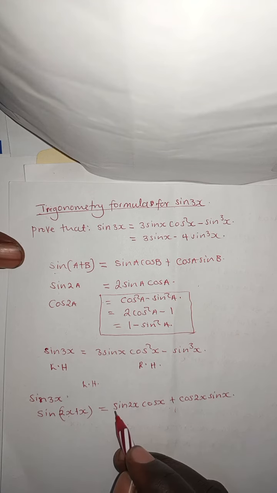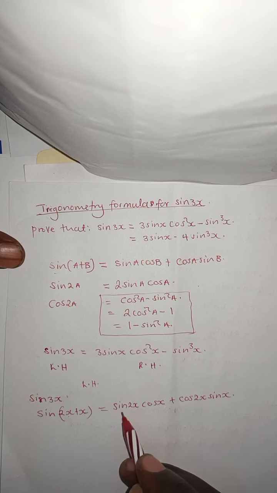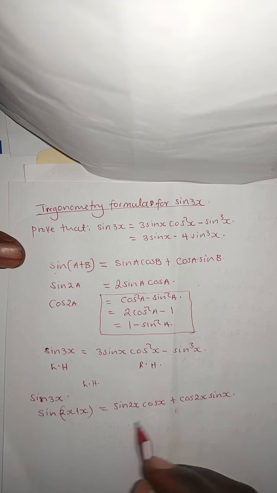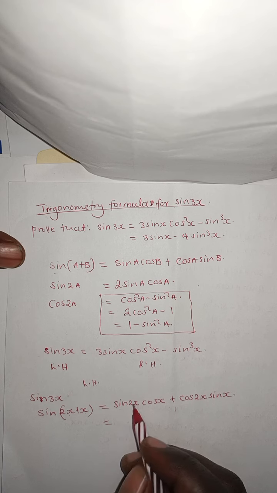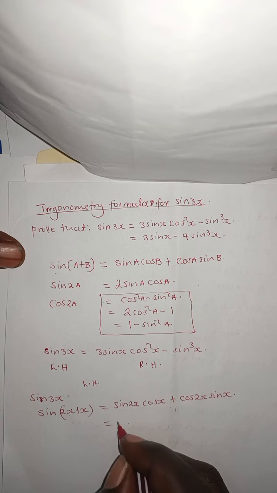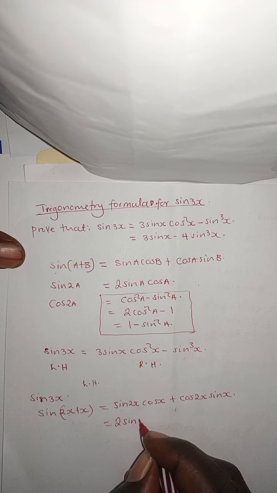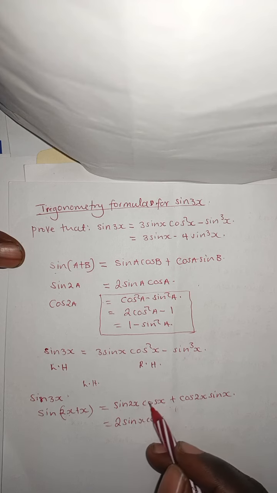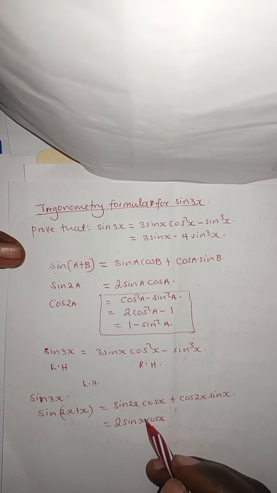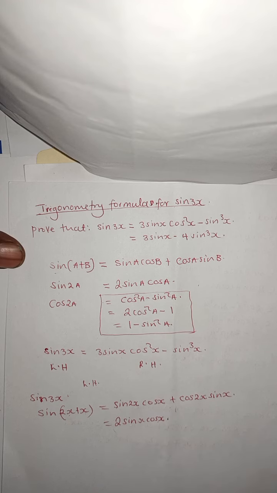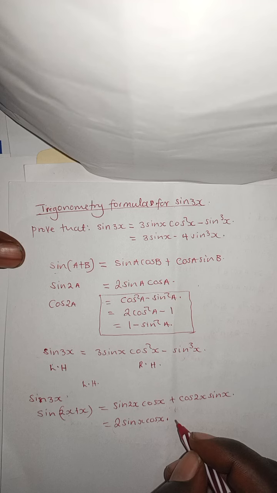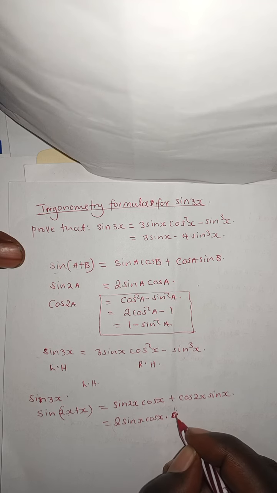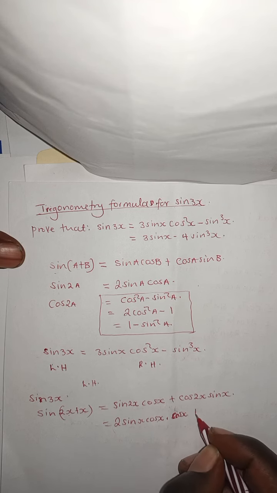Then let us also break the double angles in our task. Sin 2x can be written as 2 sin x cos x. Don't forget we have a cos here which is multiplying sin 2x, because sin 2x is only 2 sin x cos x, then times, that is not a decimal point, this is a times, cos x, plus.